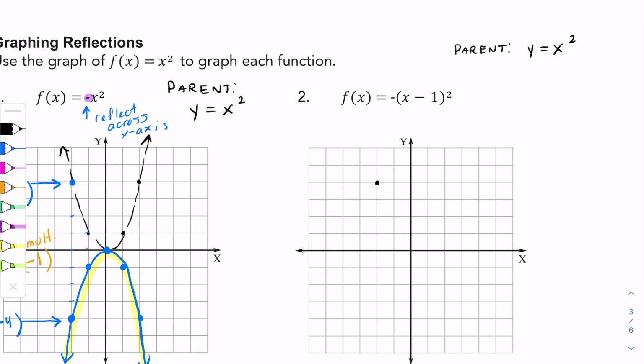Negative 2, 4, negative 1, 1, 0, 0, 1, 1, 2, 4. Okay. X minus 1, that's shifting to the right 1 unit. So let's go ahead and do that. Shift all points to the right 1 unit.